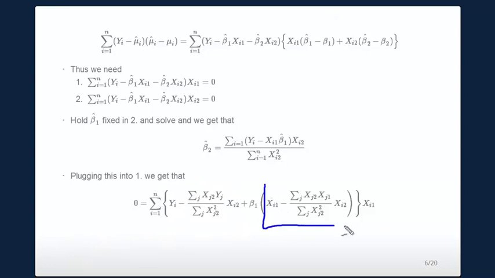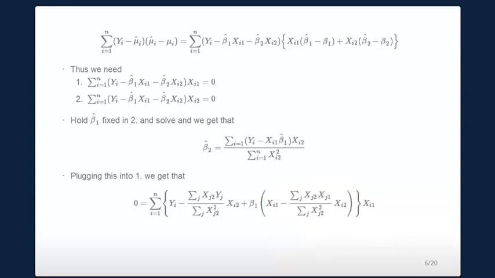Similarly, this right here is exactly the residual for the model xi1 equals xi2 times, let's say, gamma plus epsilon i. When we multiply it times xi2, we get the predicted version of xi1, and then we subtract it from xi1, we get the residual.